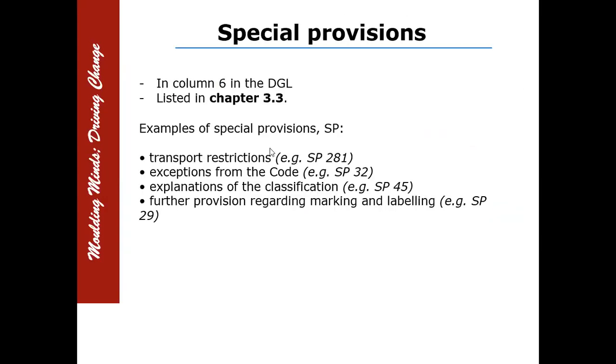Now, if you look at special provision 281, you have the SPs on you. Special provision 281 tells you what kind of products are forbidden or restricted for transport.